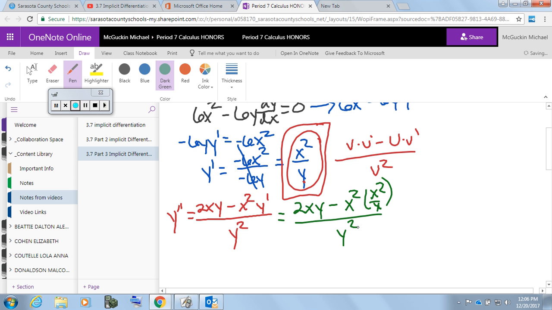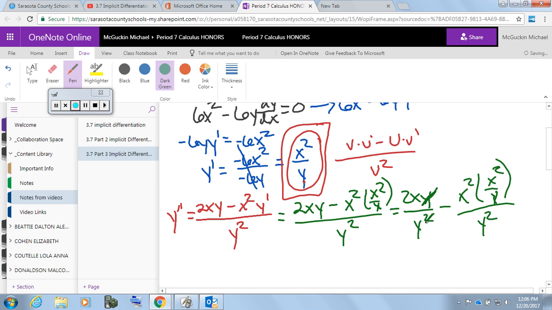I'm just going to separate this a little bit. This is the same thing as 2xy over y squared minus x squared times x squared over y, over y squared as well. Just separated the fraction out a little bit. Now here the y's are going to cancel.